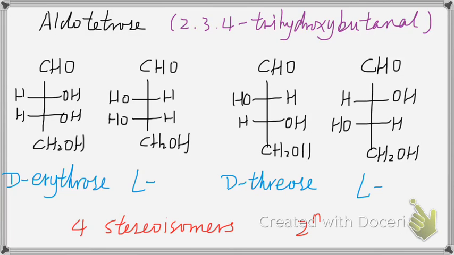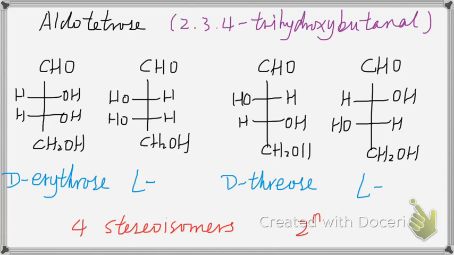And if you remember from Chapter 3, when we talk about the stereochemistry, the maximum number of stereoisomers will be 2 to the power of n, and n is the number of the chiral centers. For aldyl tetrose, there are 2 chiral centers, so 2 to the power of 2 will be 4. And we do have 4 stereoisomers.